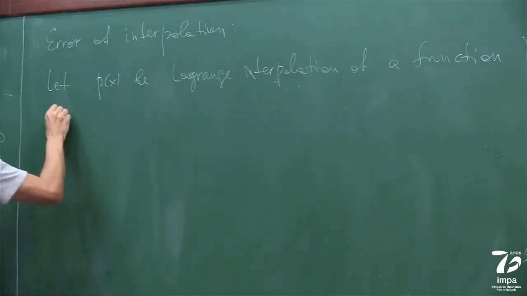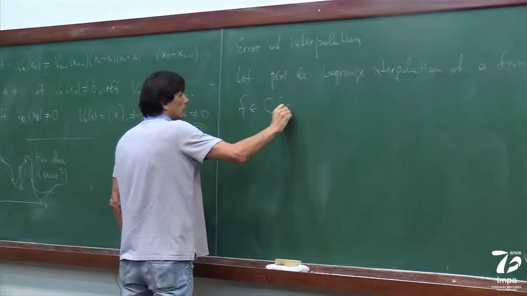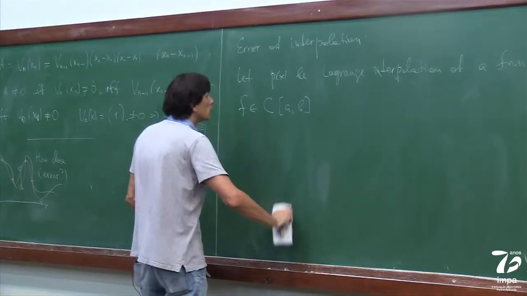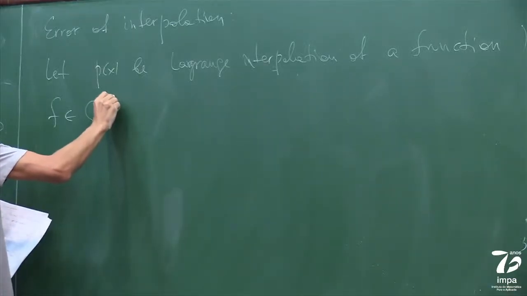So we need regularity. So let's consider the function on some interval between a and b, and we assume that it has n plus 1 derivatives.